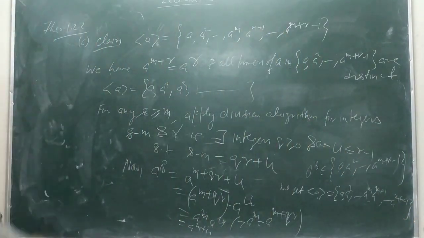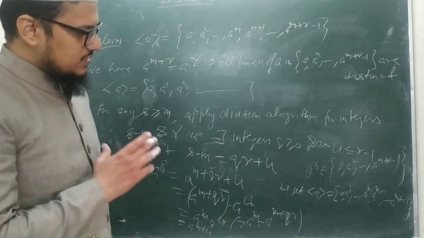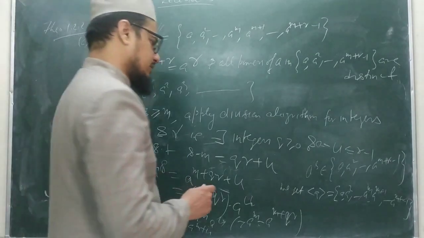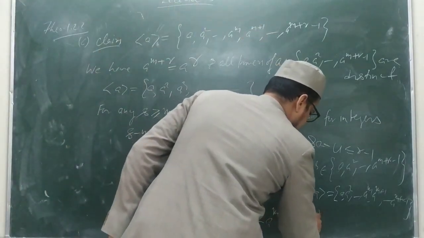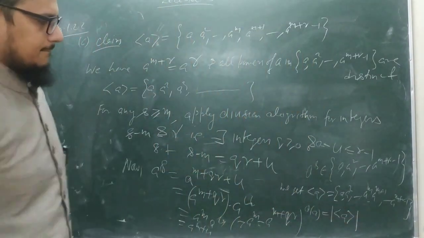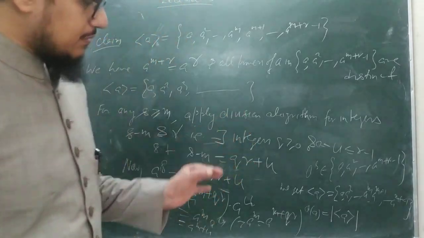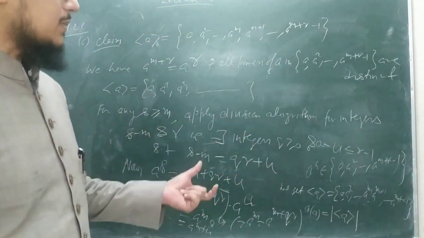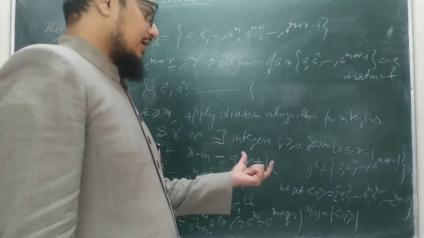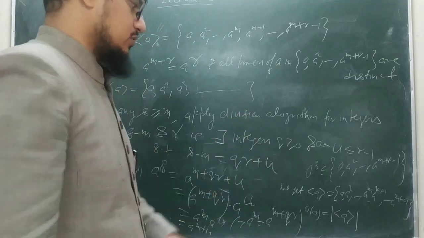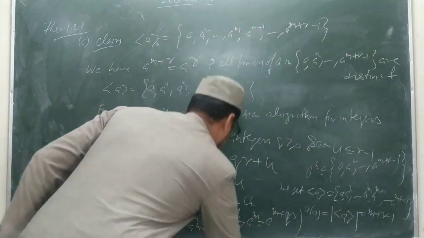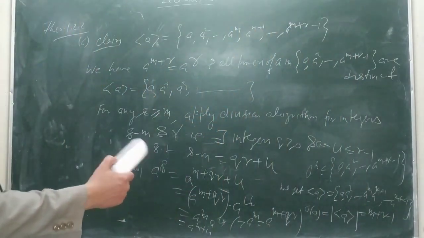And from this I would also like to tell you the definition of the order of an element a. The order of an element in a semigroup is defined as the number of elements in the monogenic subsemigroup generated by the element a. That is equal to m plus r minus 1. So what is the order of a? What is m? Index of a. What is r? Period of a.